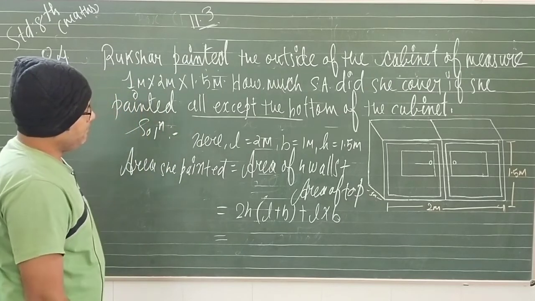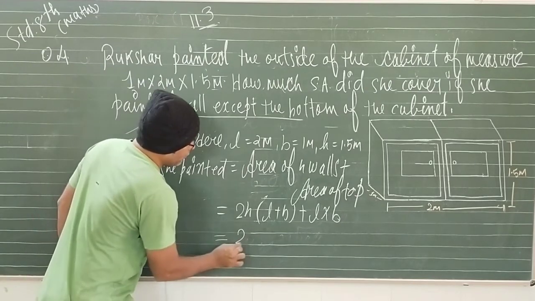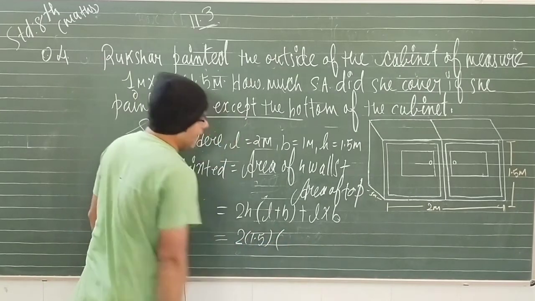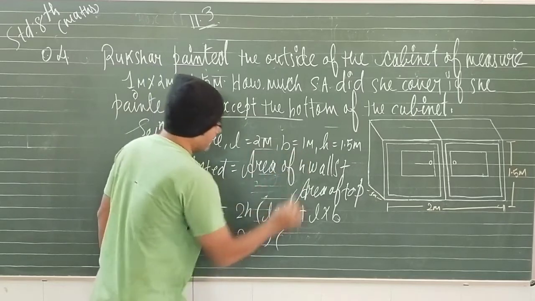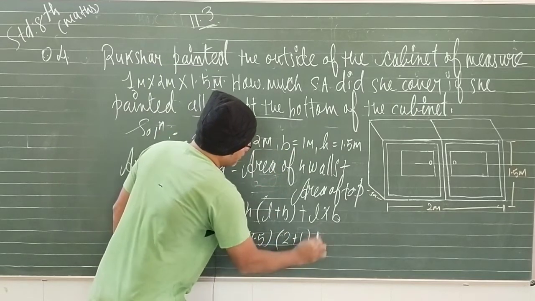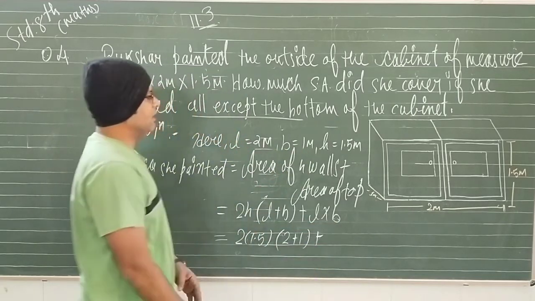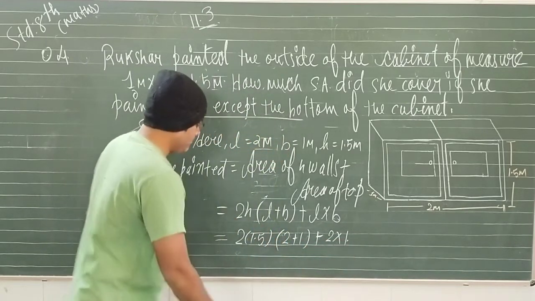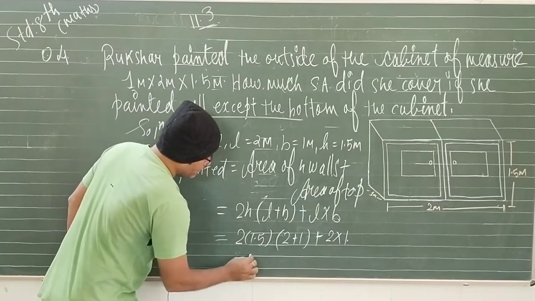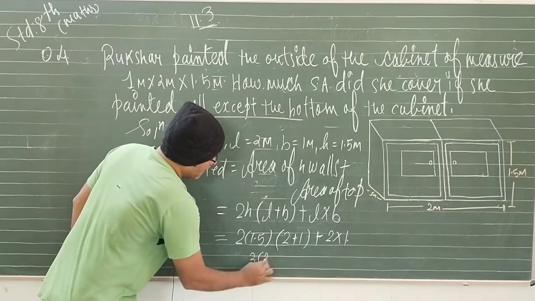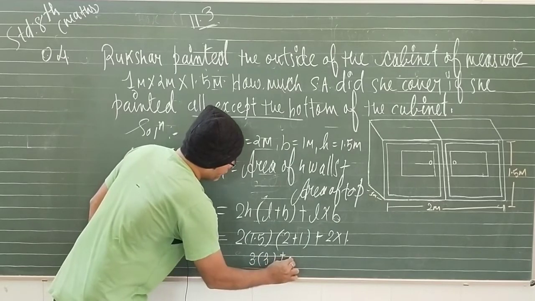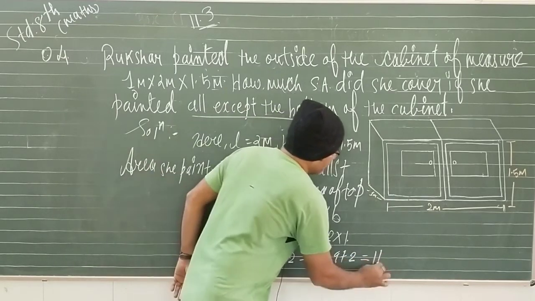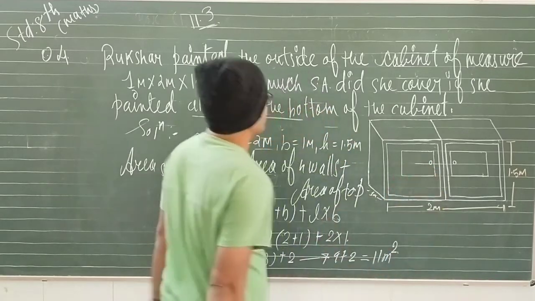Now see, 2 into h means 1.5. Now L plus B, 2 plus 1, plus L into B. 2 ones are 2. 1.5 into 2, it will be 3. Here also 2 plus 1 is 3, 3 into 3 is 9. 9 plus 2 is equal to 11 meter square.